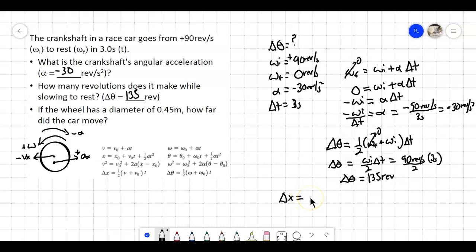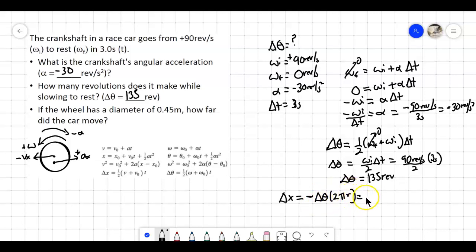That means it's going to have a displacement which is going to be negative, but this is going to be 135 revolutions, right? It's going to be delta theta. Actually, I'll just start out with that. So this is going to be delta theta times 2 pi r.